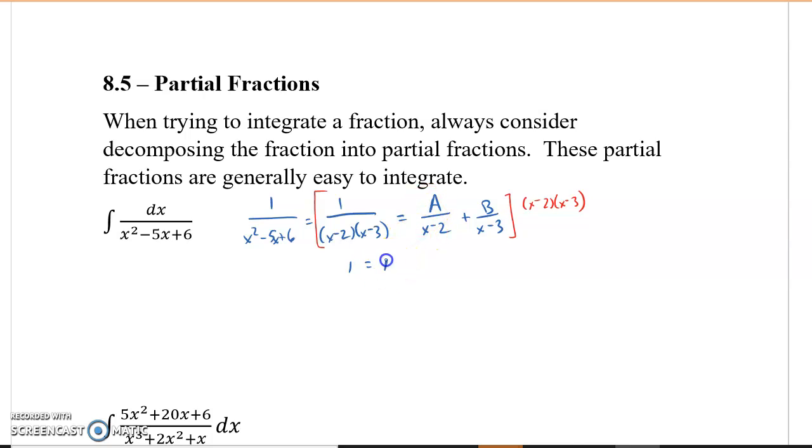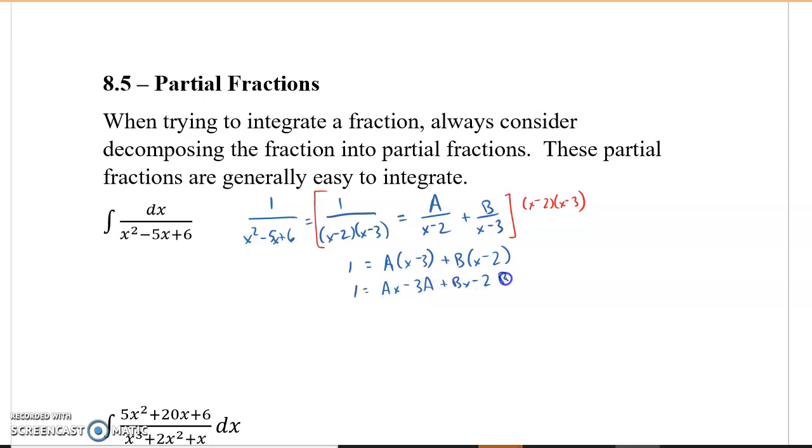In the second fraction, A over x minus 2 times x minus 2 is gone, but then we've got an x minus 3. And same thing here, the x minus 3's cancel out, so B gets multiplied by x minus 2.